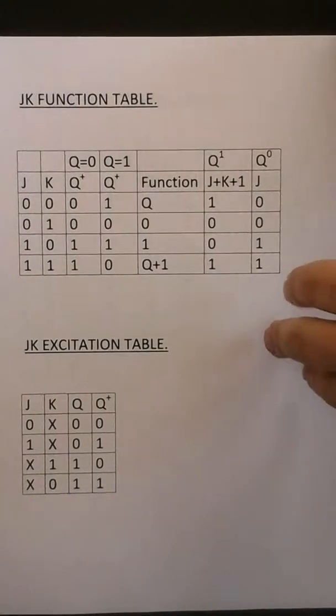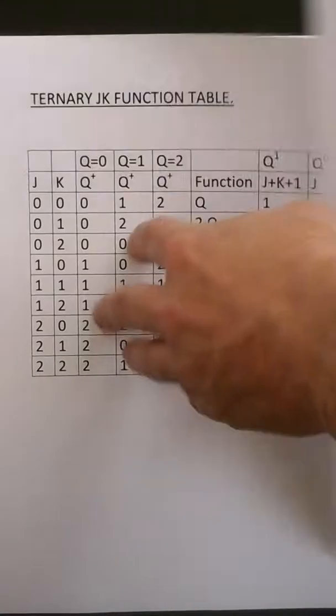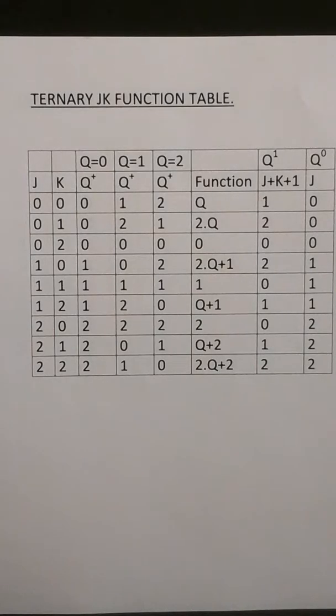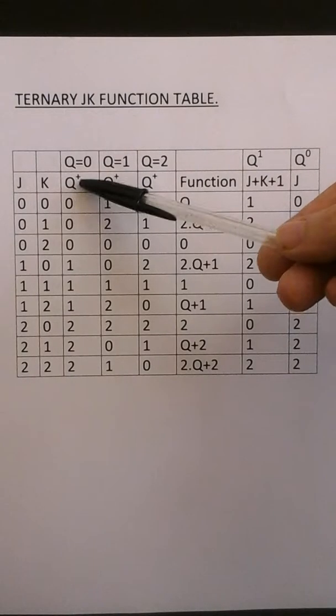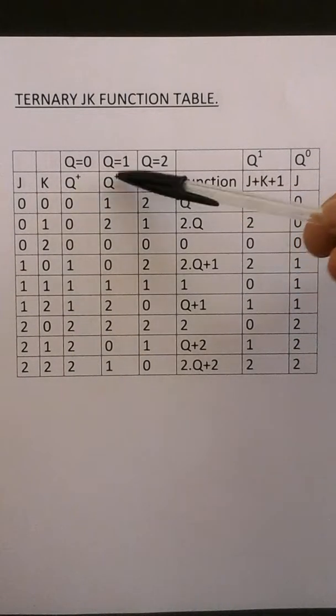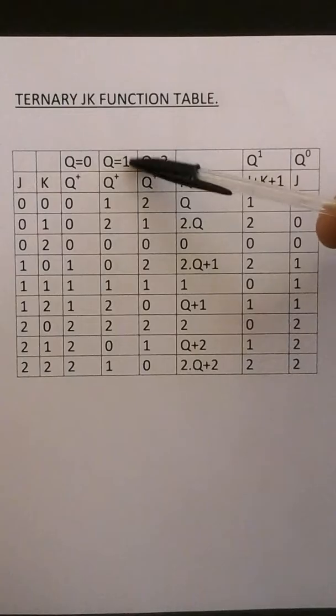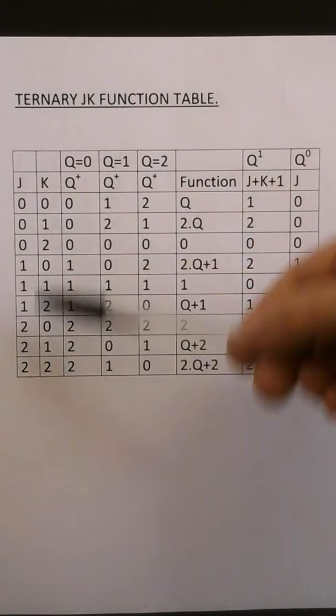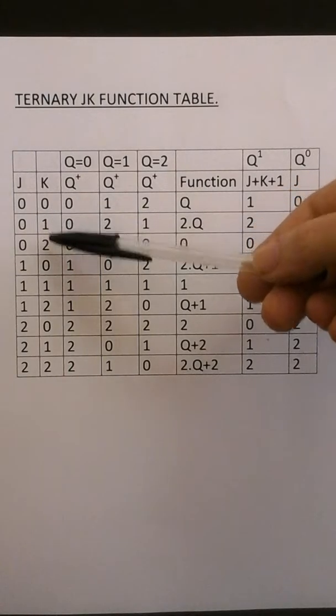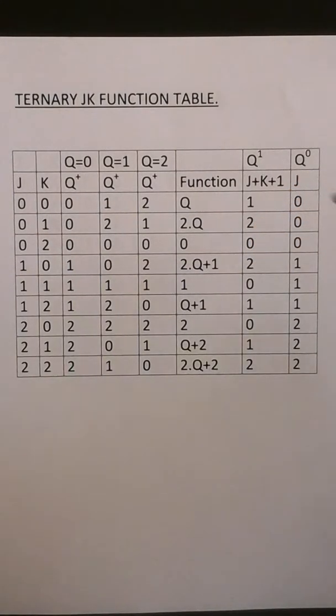So here we have the ternary function table. It's a similar table to the JK function table in the binary case. Here we have the value of q plus when q equals 0, q plus when q equals 1, and q plus when q equals 2. J and k are listed there. They can assume a value of 0, 1 or 2 in the ternary case.